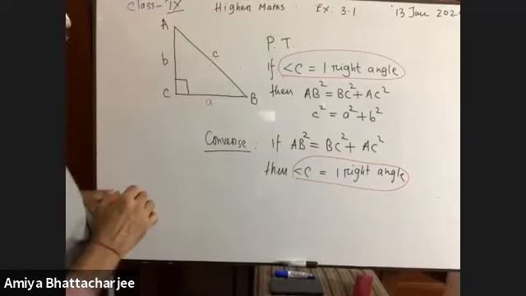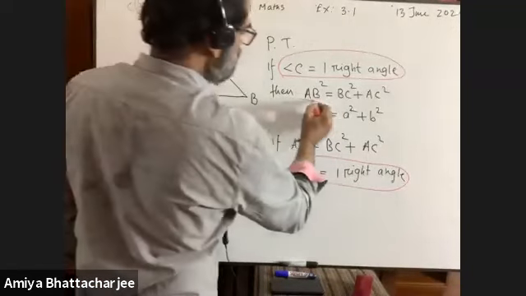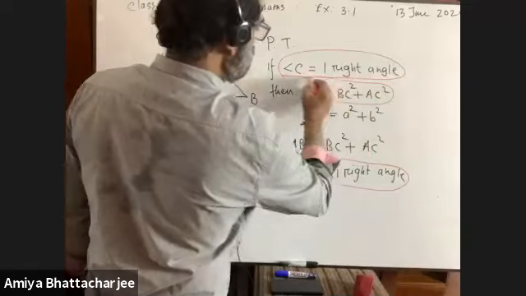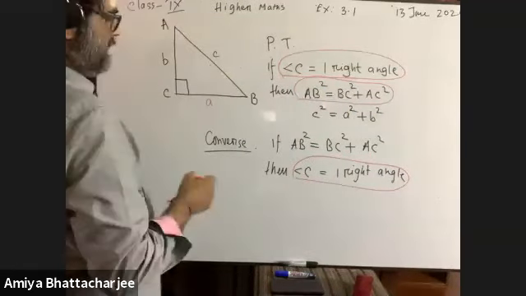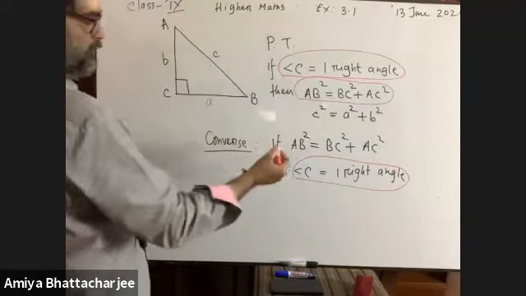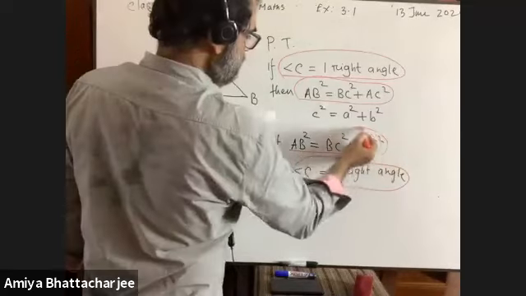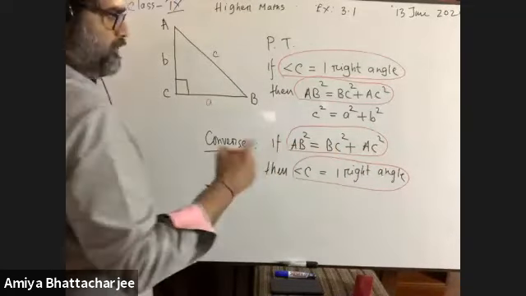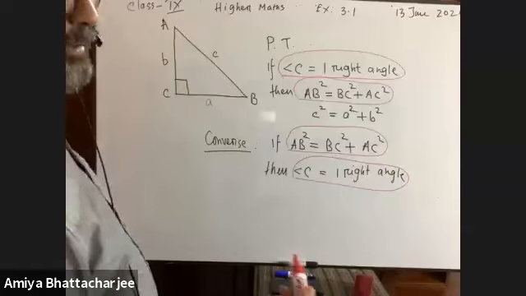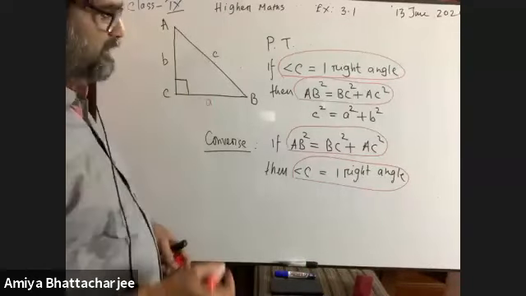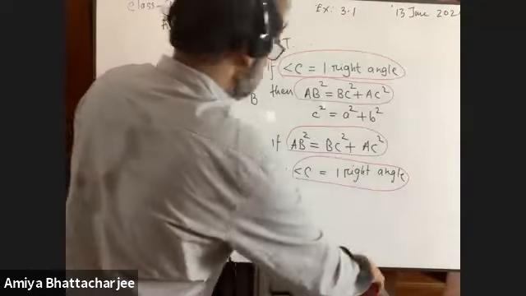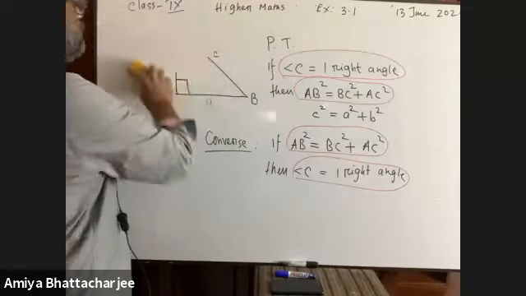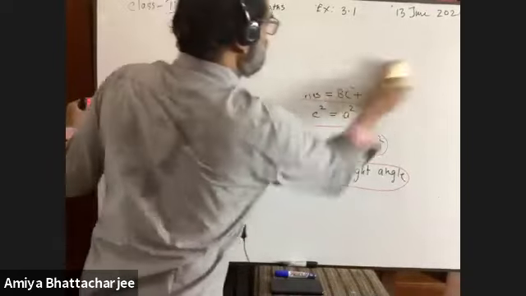In the Pythagoras theorem, we have to prove this. But in its converse theorem, it is given. For this, it is called the converse theorem of the Pythagoras theorem. That is vice versa.